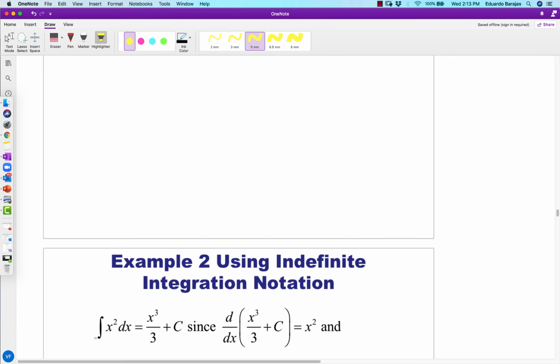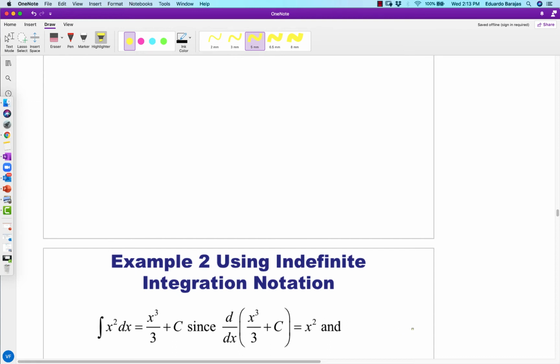So here's the exact same thing. We have the integral of x squared dx. We know that the anti-differentiation will give us x cubed divided by 3 plus some constant. And that's because when we take the derivative of this, we get x squared.